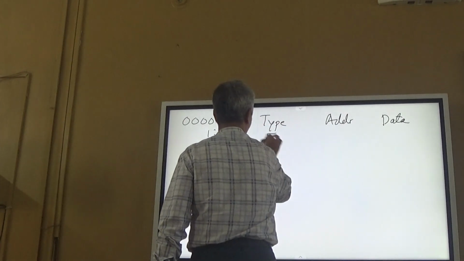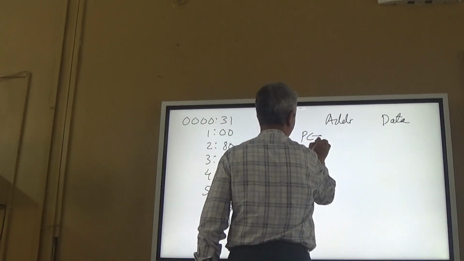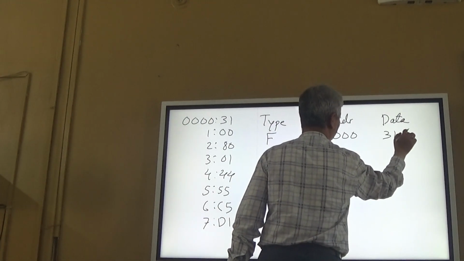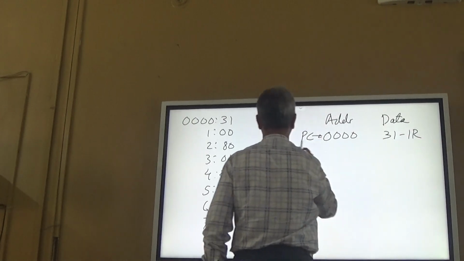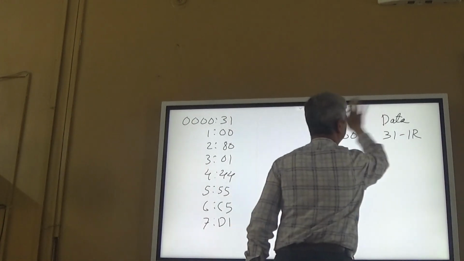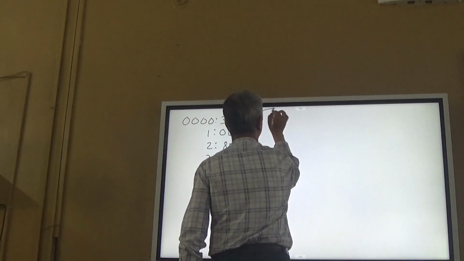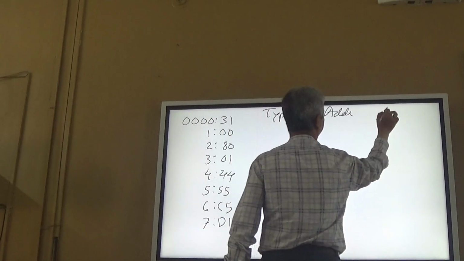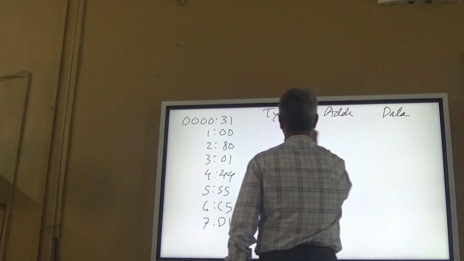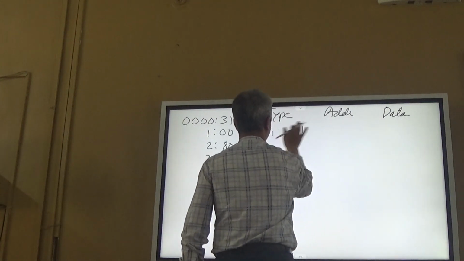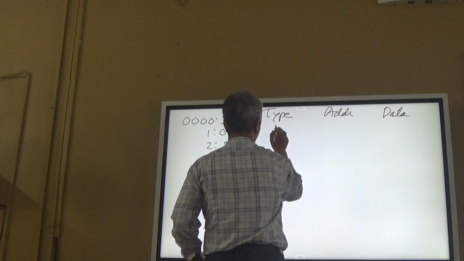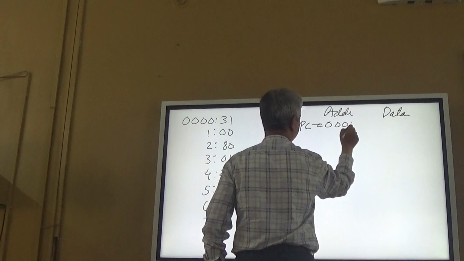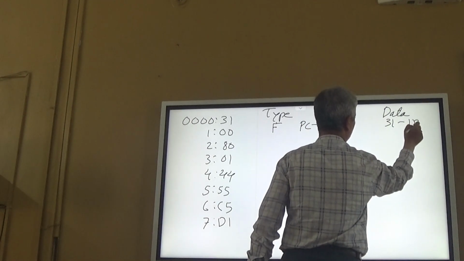First, opcode fetch, program counter giving address 0000, data 31 going to the instruction register.